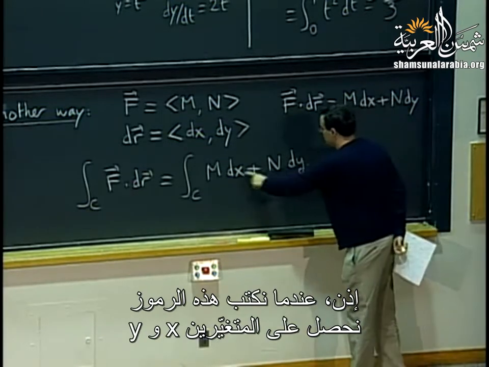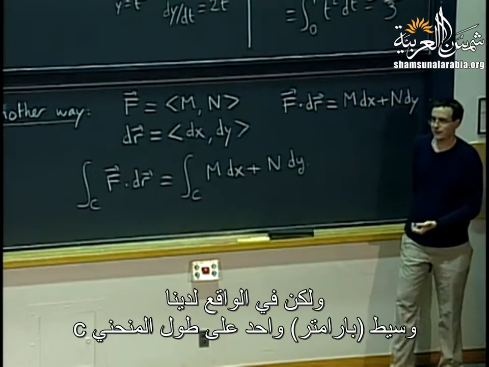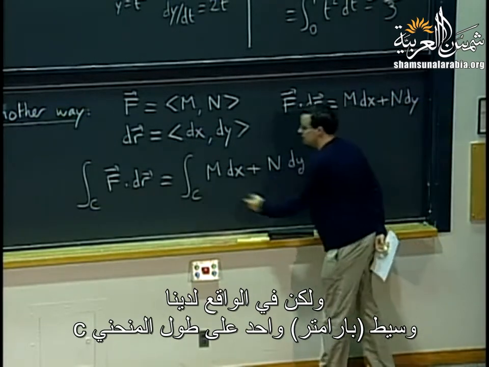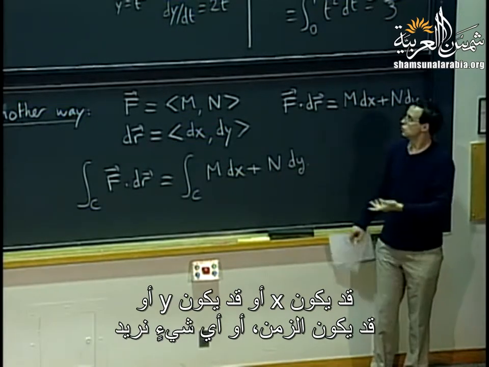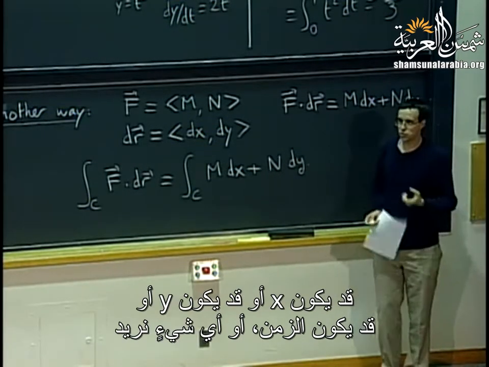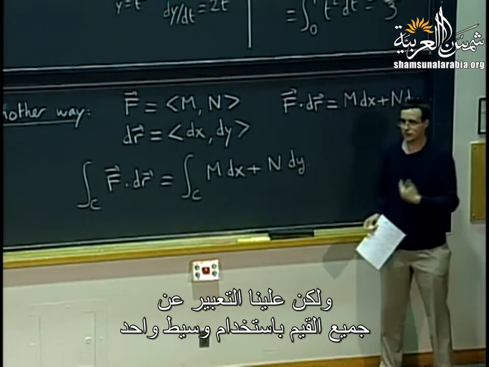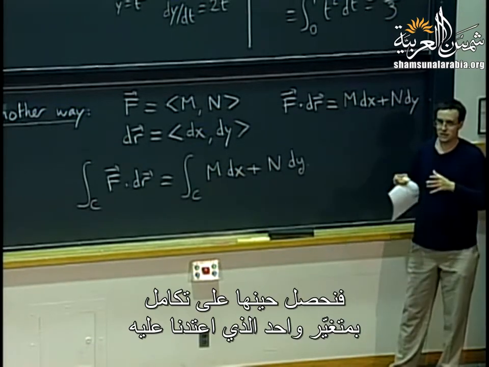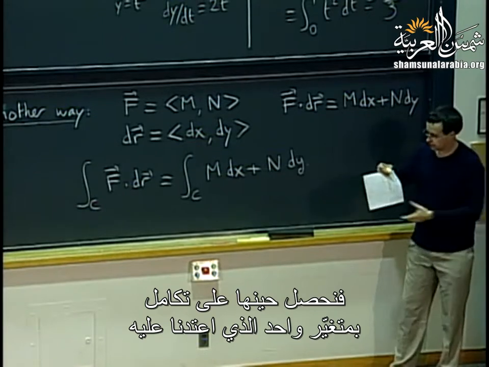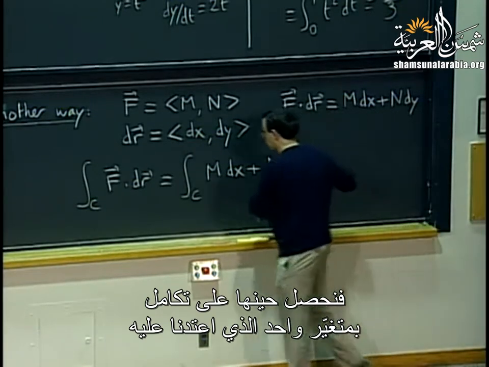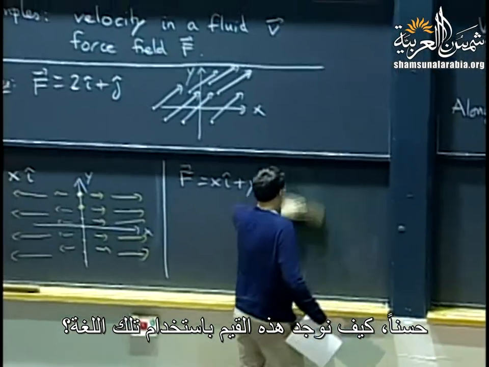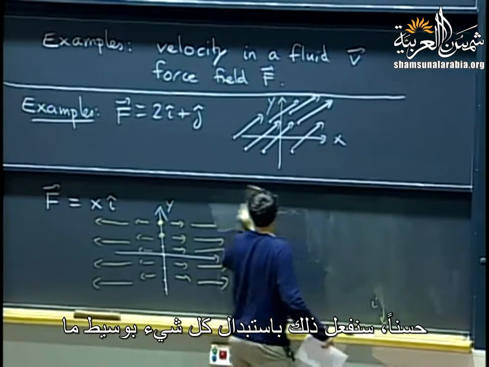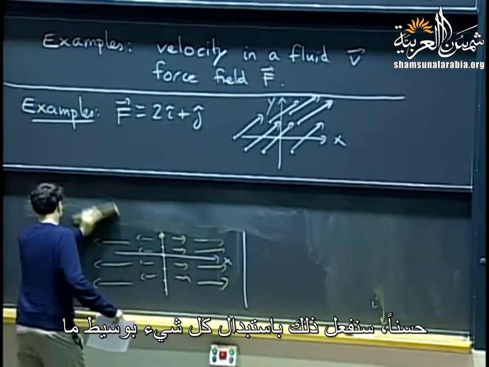Whenever we write this, we have two variables, x and y, but in fact, along the curve C, we have only one parameter. Could be x, could be y, could be time, whatever you want. But we have to express everything in terms of that one parameter. And then we get a usual single variable integral. So how do we evaluate things in this language? Well, we do it by substituting a parameter into everything.